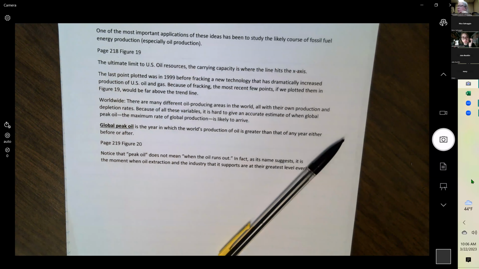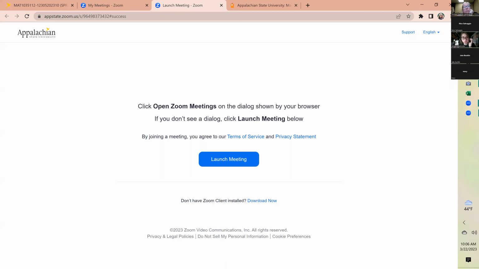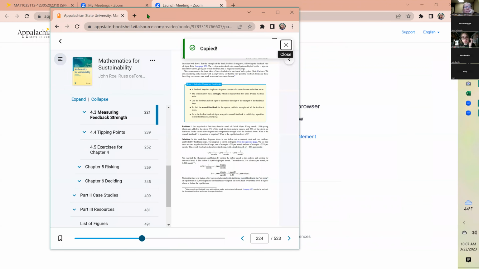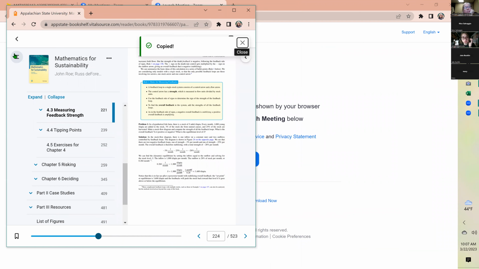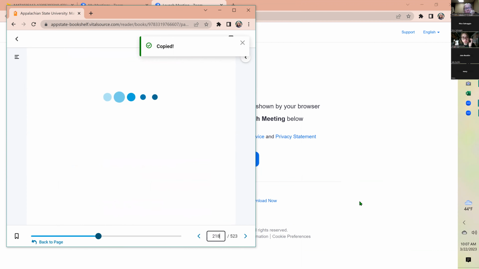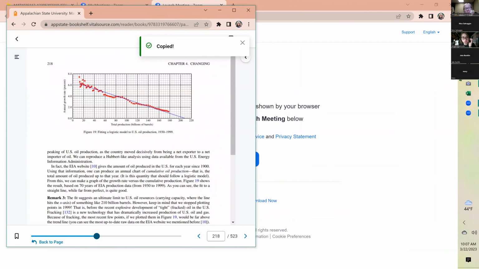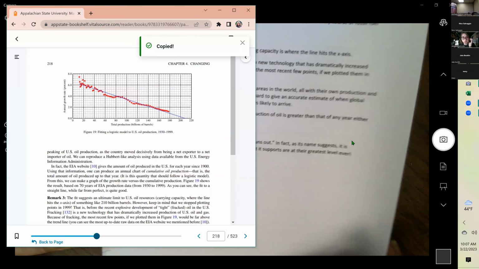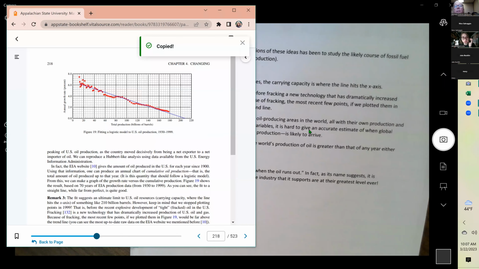Figure 19 on page 218, that's this one here.